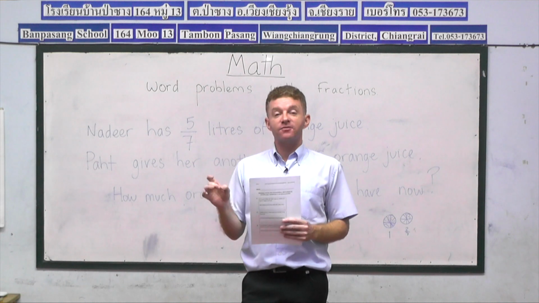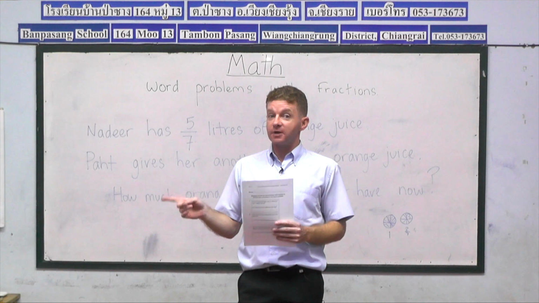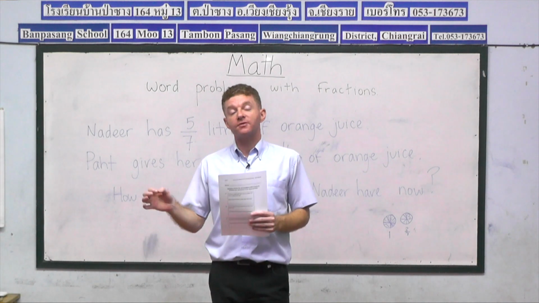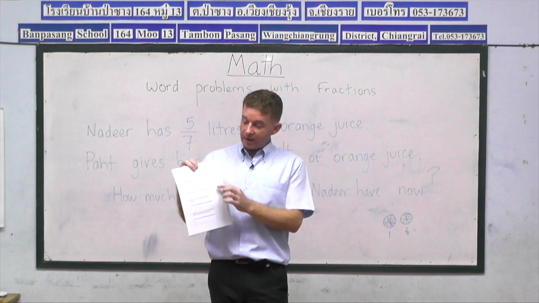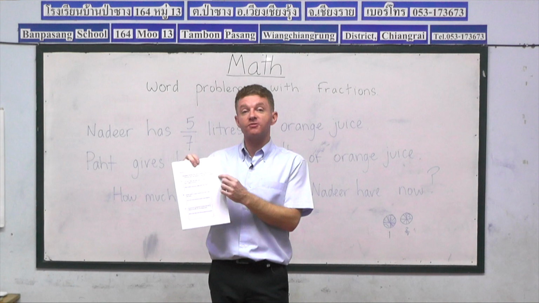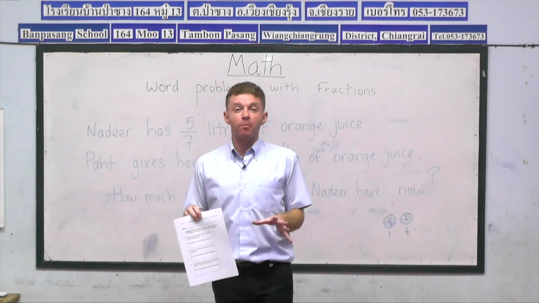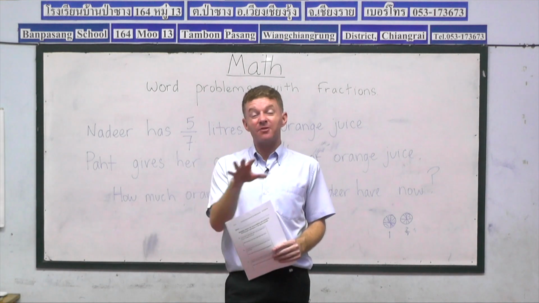They have to identify the fractions and the whole numbers, if there are any, for calculation. Then remember to work out if it's addition or subtraction, and then work out their calculations in the spaces provided. Because there are 3 different word problems, we'll give students 15 minutes, that's 5 minutes per problem.